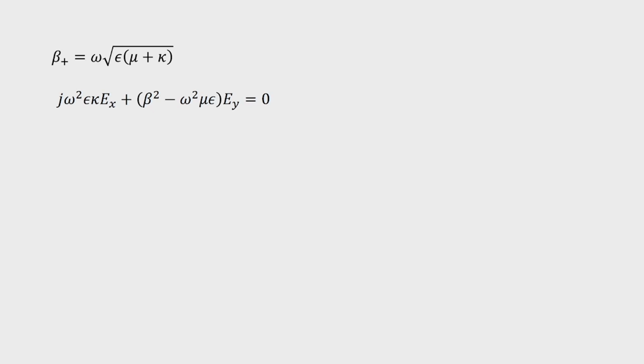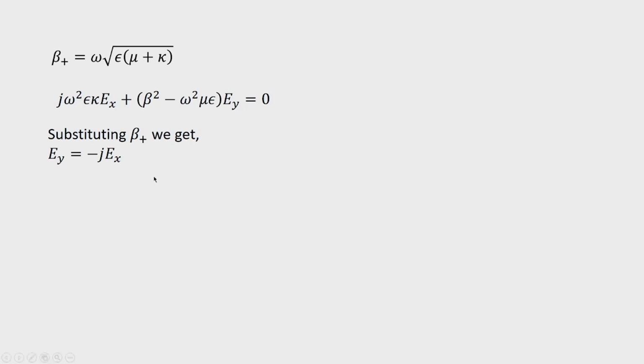Beta plus is given by omega root epsilon times mu plus kappa, and when substituting beta plus in this equation, we get E y equal to minus j E x.